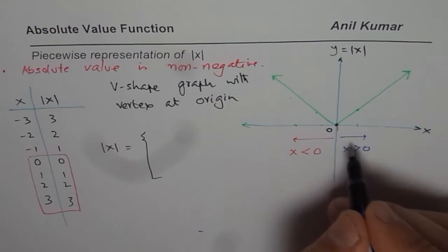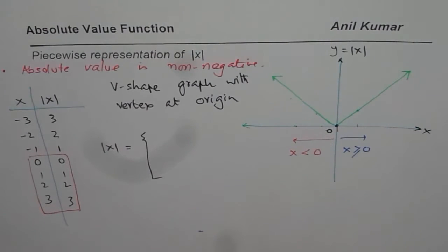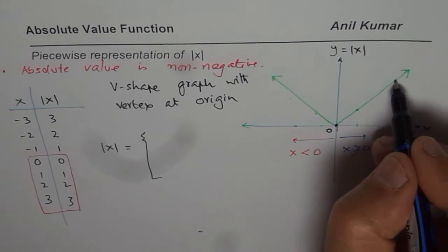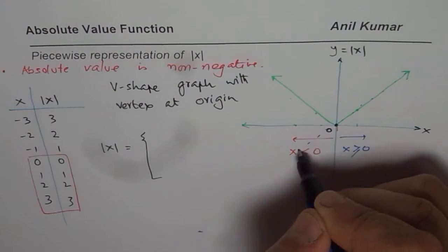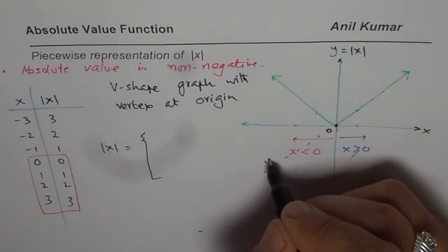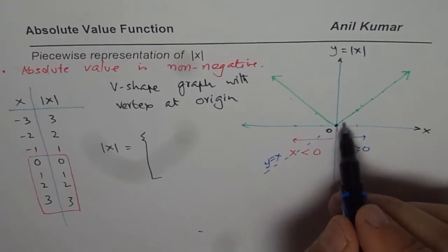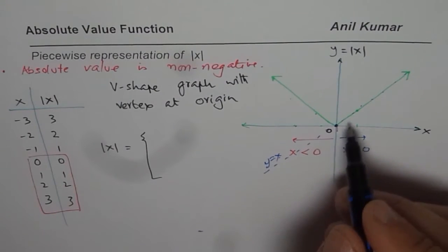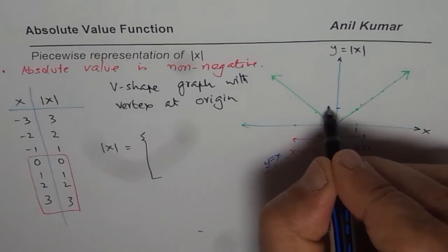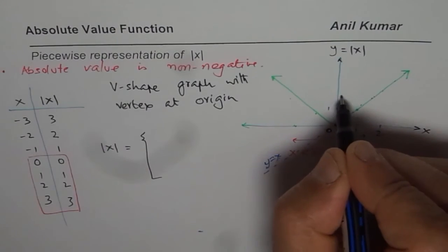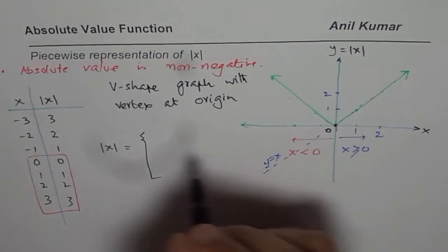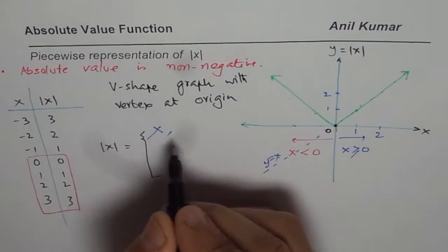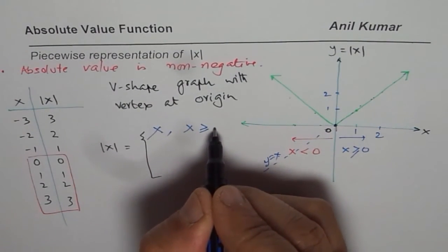Let us include this point on the right side since it is non-negative, right? If I draw a line y equals x, then on the right side the absolute value is same as x. When it is 1, it is 1. When it is 2, the value here is 2, right? So same as x. So we could write that absolute value of x is x when x is greater than or equal to 0.